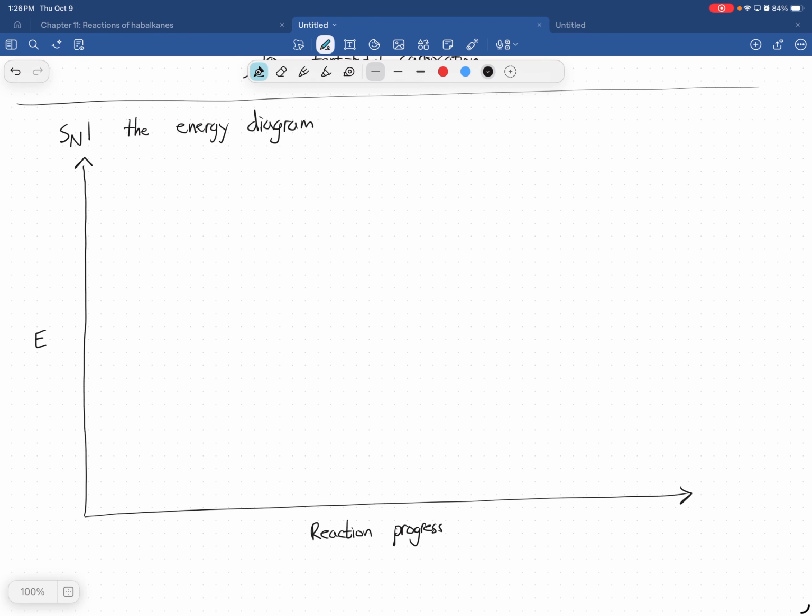Let's say we have this situation here. So here are my reactants.